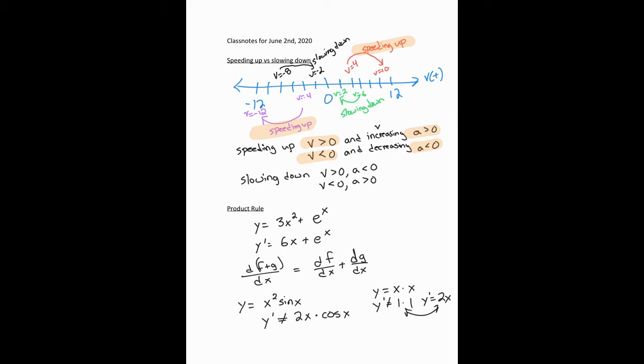All right, so what is the product rule? The product rule says that if you have a function y is equal to u times v, a lot of textbooks end up using u and v. You see them several times in calculus.